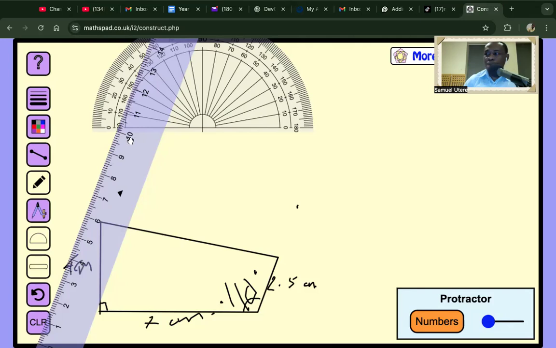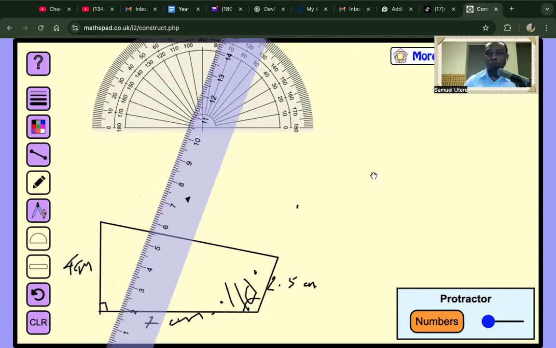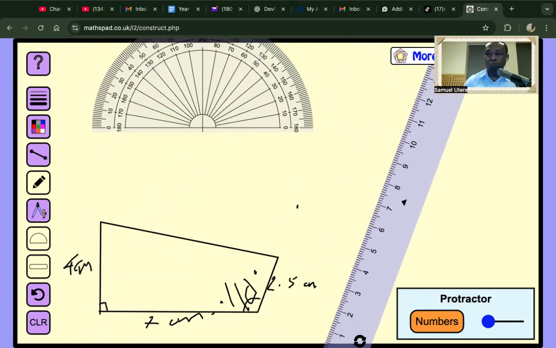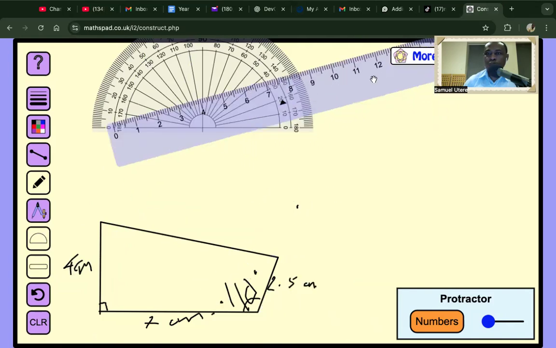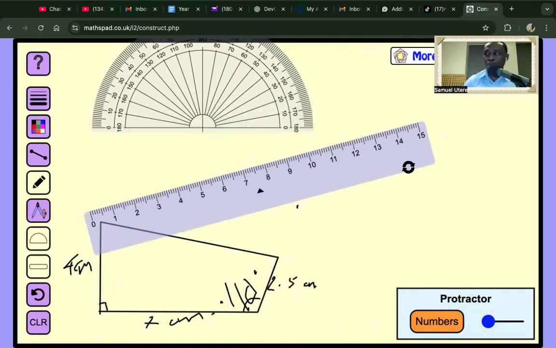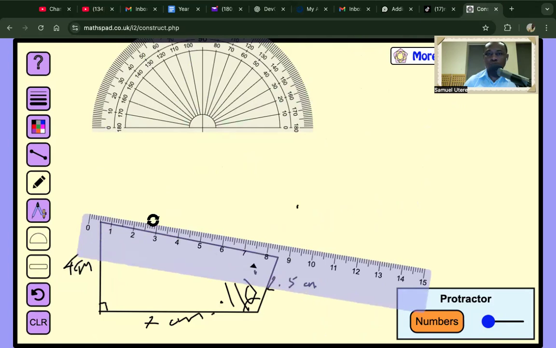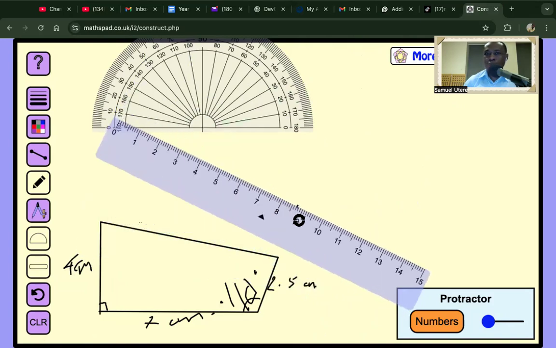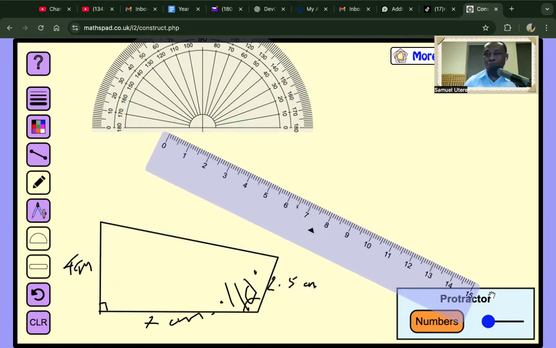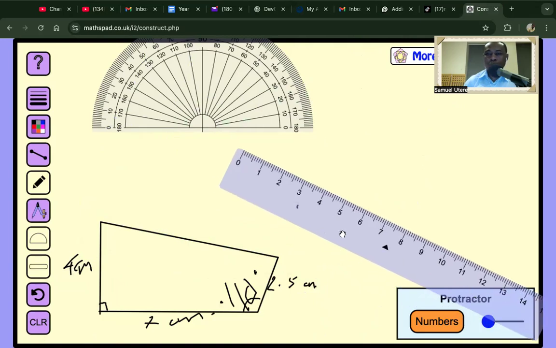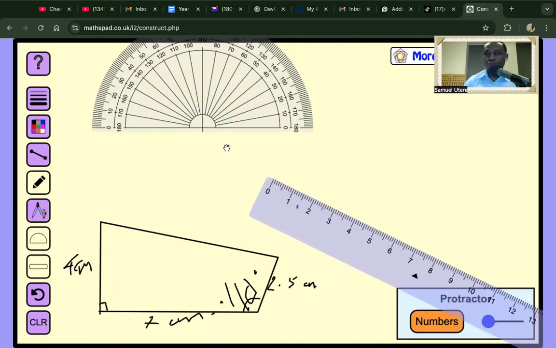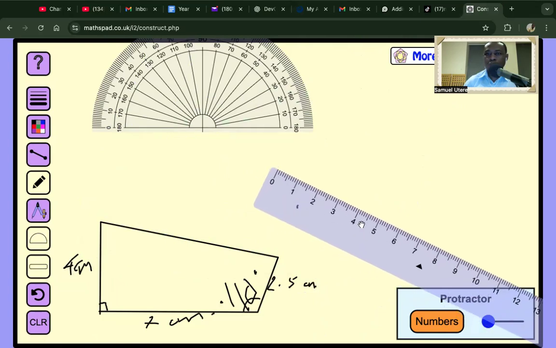So you take your ruler and you draw a 6 centimeter line.